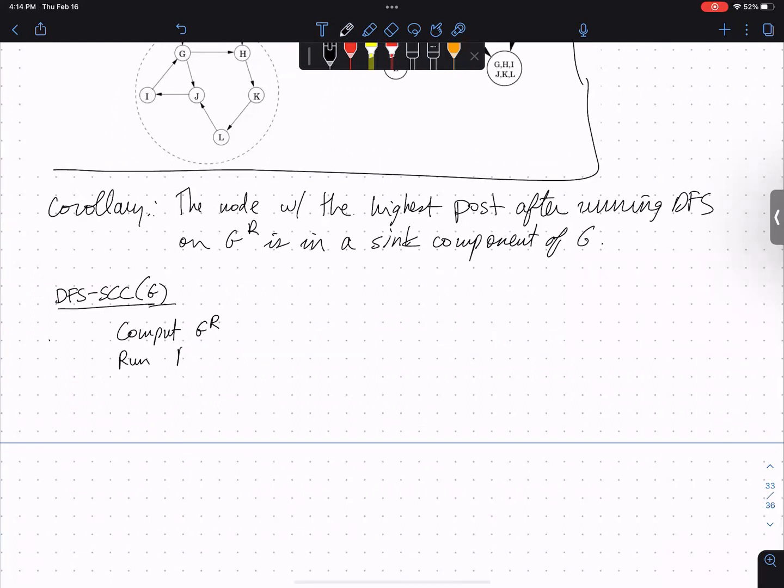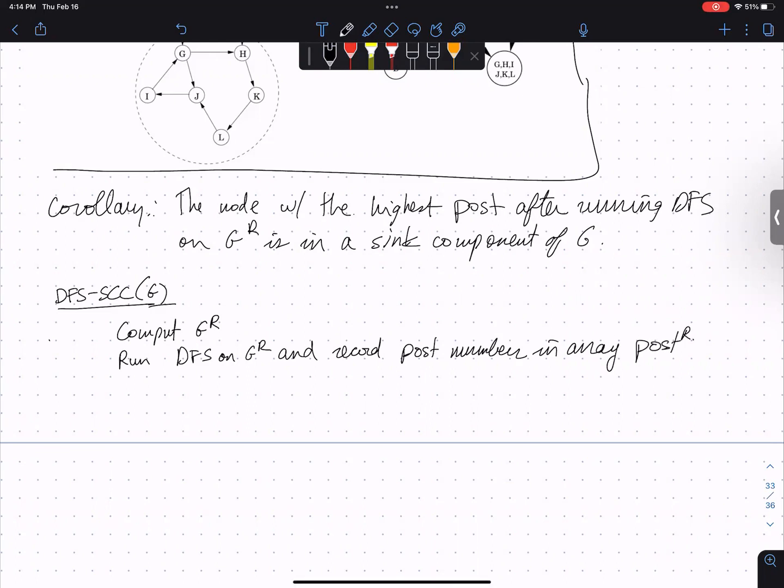Then we run DFS on GR and record post numbers in an array, we'll call it post R.